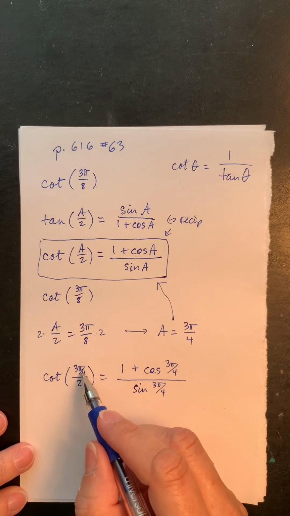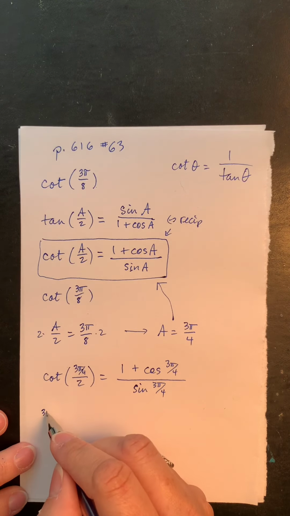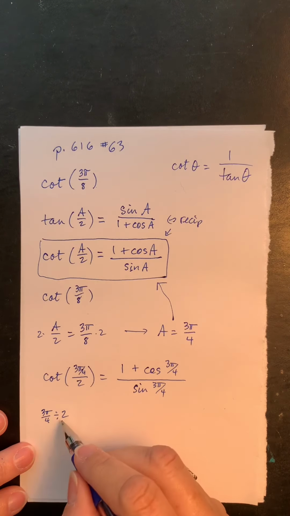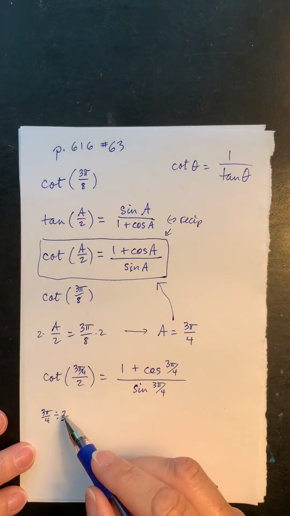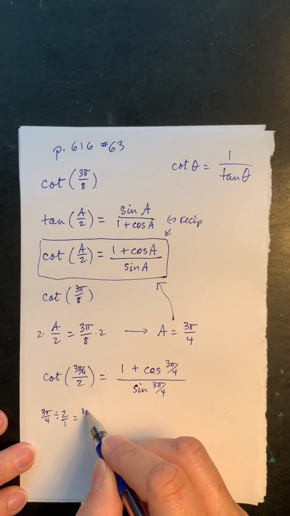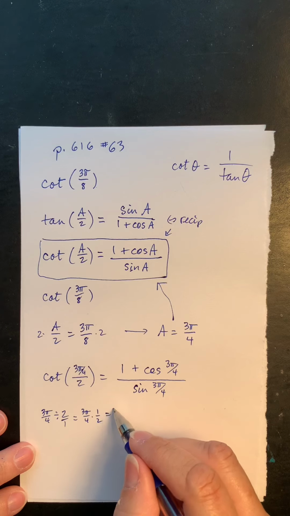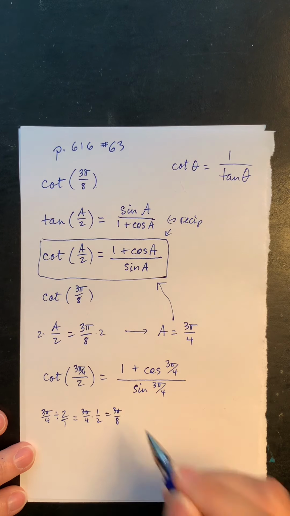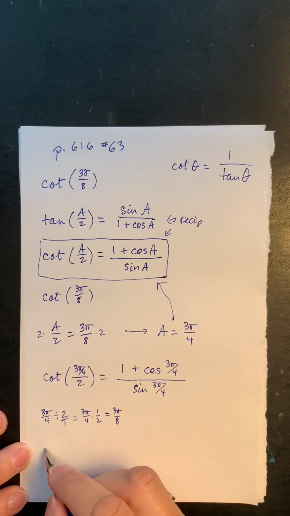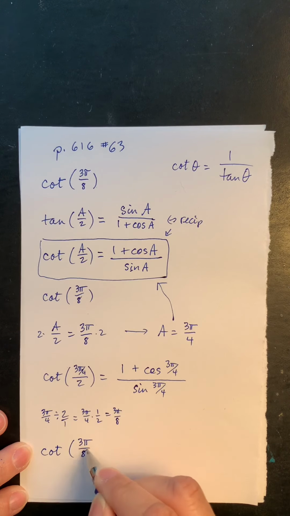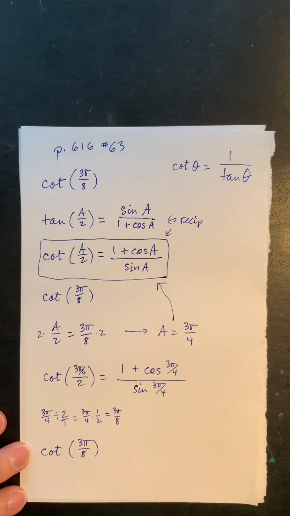If you work out 3 pi over 4 divided by 2, that's the same thing as multiplying by the reciprocal, 1/2. 3 pi over 4 times 1/2 ends up being 3 pi over 8. That's good because that's what you want there. Cotangent of 3 pi over 8, that's what your question is. So this tells you you're putting the right thing in for A.